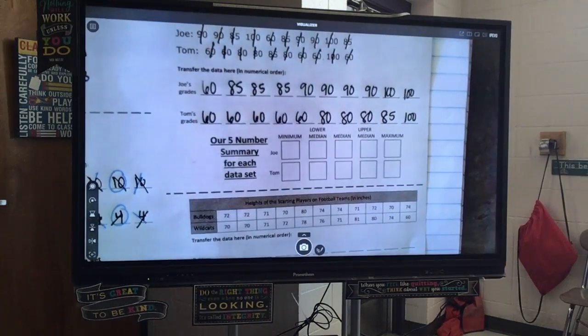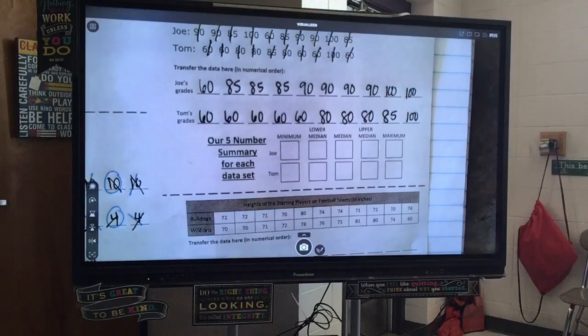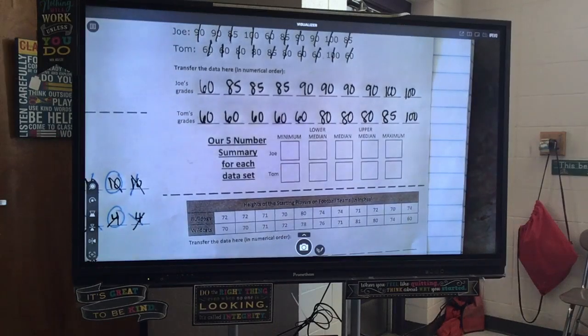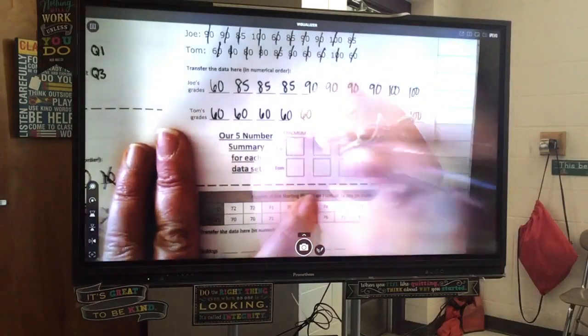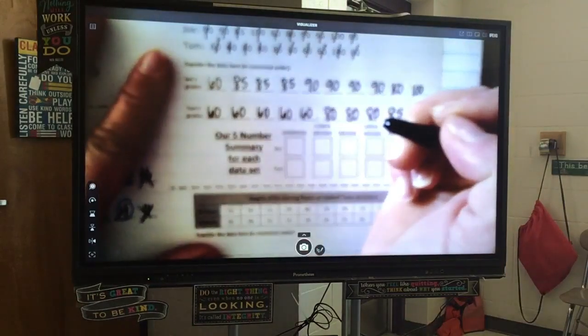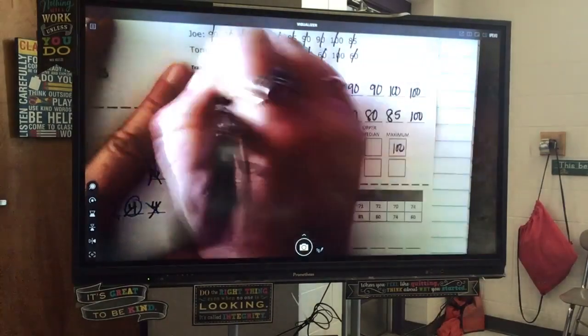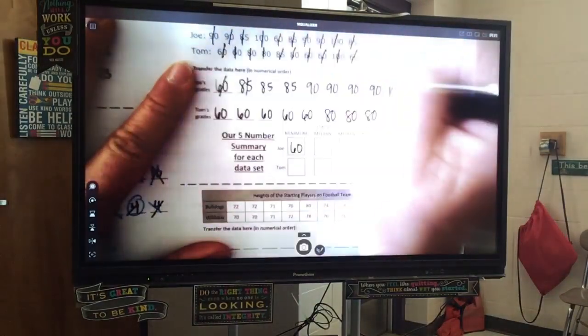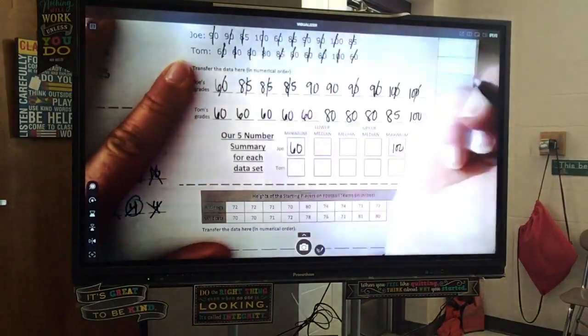Now, someone walk me through how to find, for Joe, minimum, median, maximum, lower median, upper median, or Q1, Q3. All right, Michaela. So, the minimum is the least number, which would be 60. And then the maximum is the highest number, which would be 100. And then you cross off 60, then 100, 85, and then you get the second 100, 85, and then 90, 85, and then 90.